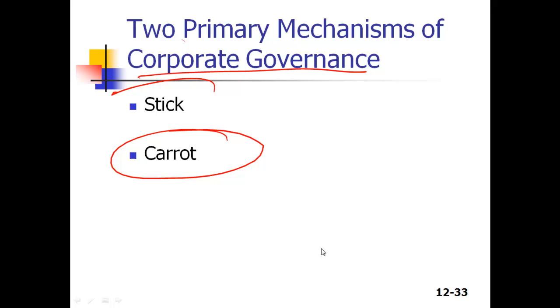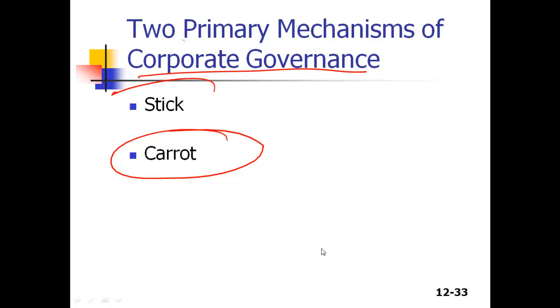What is the most basic? Most people, at least in our country, understand the stick better than the carrot. So in the stick category, what's the most basic stick that management would be worried about? Getting fired. If management is clearly doing something that is not adding value to the shareholders, then the stick is that he'll be fired.